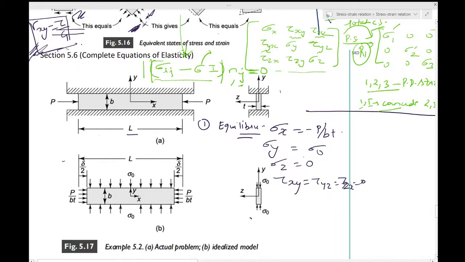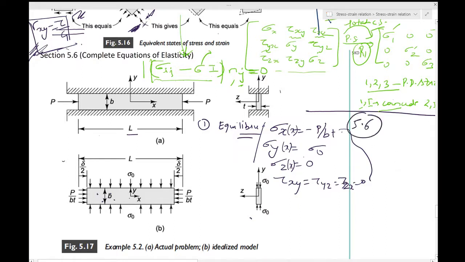This is the idea, and for any x, or any x comma y, meaning any point on this, will have these values. So you are assuming this uniform behavior which is reasonable for a problem like this. That is the first part, which is equilibrium, and clearly these stresses will satisfy equation 5.6.